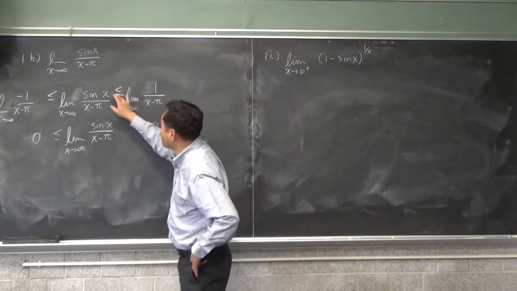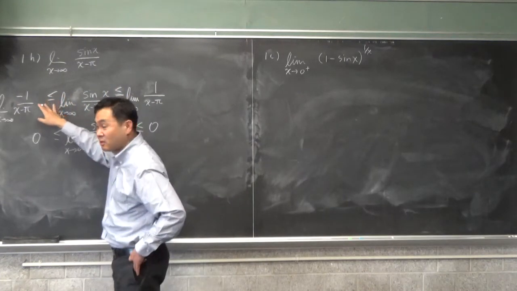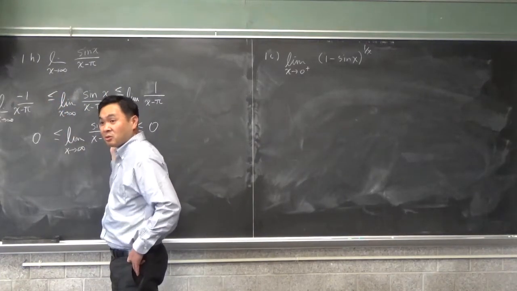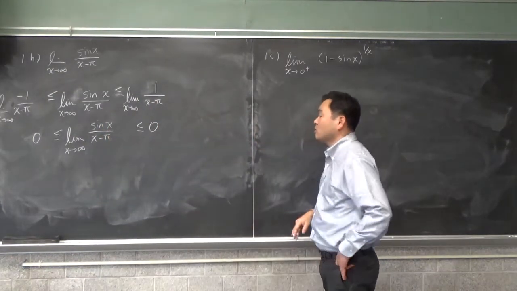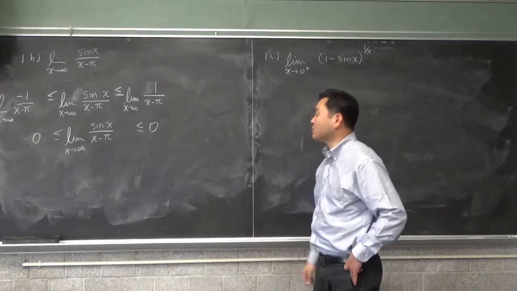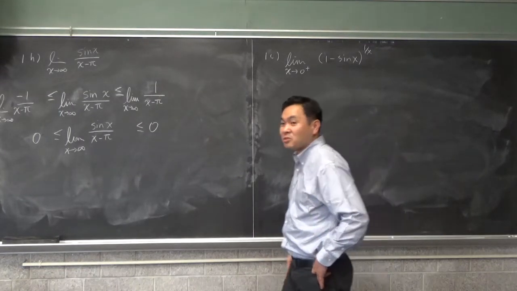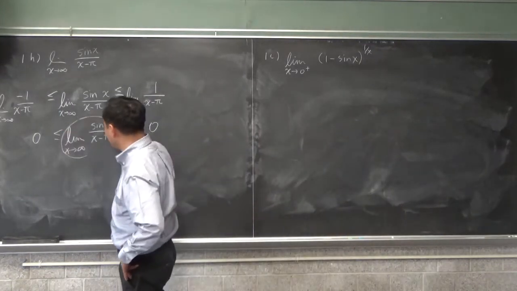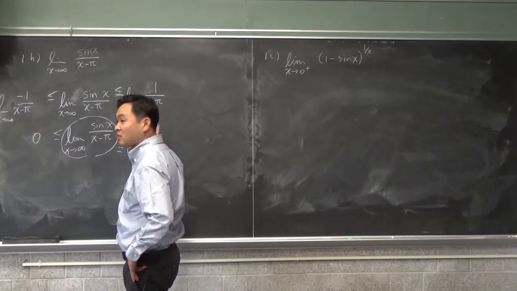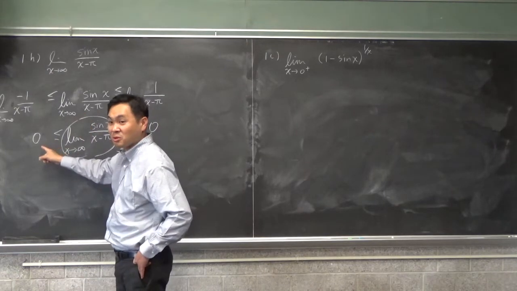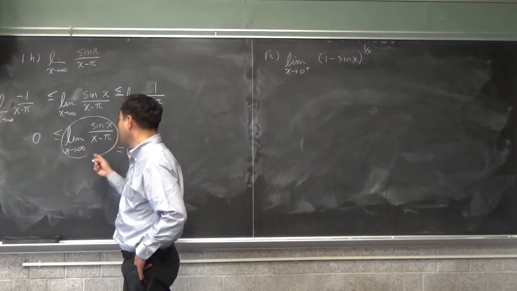Even if this was a strict inequality, the limit could be equal. But anyways, that's what we have. Now look, what does this force this thing to be equal to? 0. Because what's a number that's less than or equal to 0 and bigger than or equal to 0? It must be 0, right? So this has to be 0.